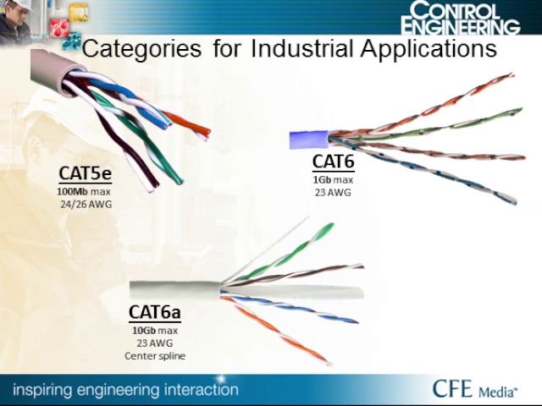They are 23 gauge wires, which has less signal attenuation and as a result is better suited for industrial applications. These thicker conductors also make it a better choice for PoE or Power over Ethernet applications than Cat5e. Cat 6, like I mentioned before, also supports 1 gigabit maximum speed up to 100 meters.